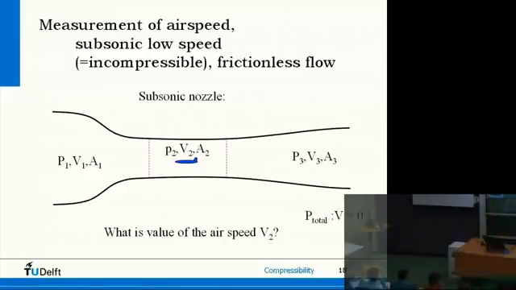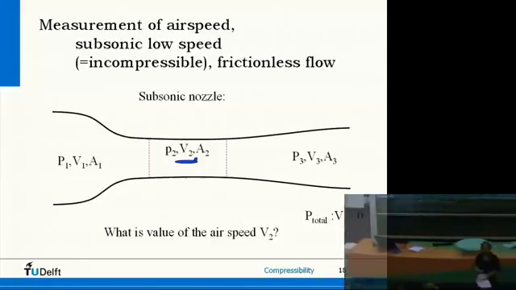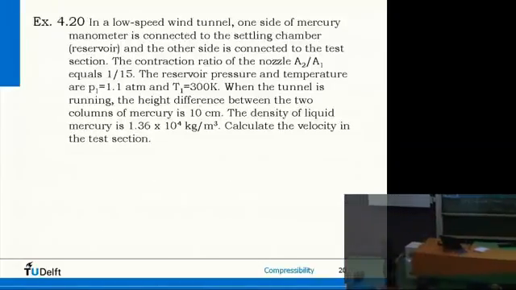Question, what didn't we use? Yes, V1A1, mass conservation. If you're stuck, read the question again. Is there something given I didn't use? Yes, the contraction ratio. So conservation of mass, the continuity equation.